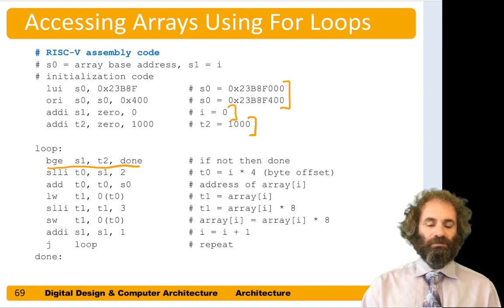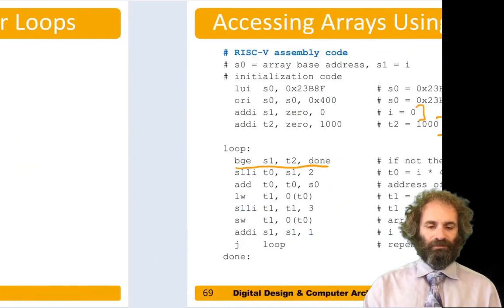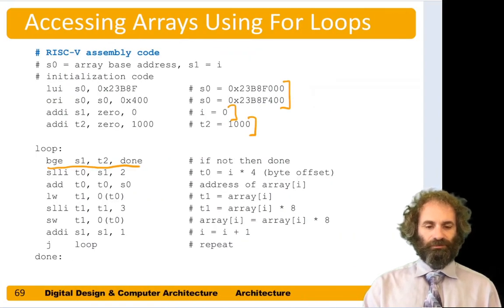Otherwise, we need to load array bracket I. So I is in units of words, and so we need to multiply by 4 to get units of bytes. So we'll shift left I by 2 to get the offset in bytes instead of words.